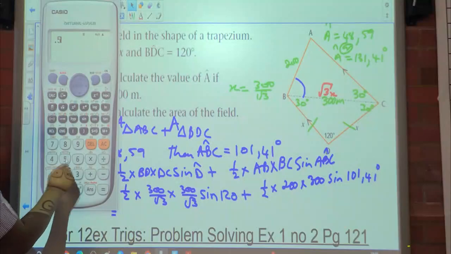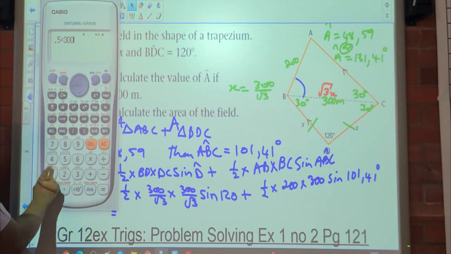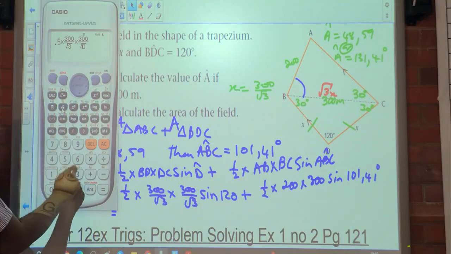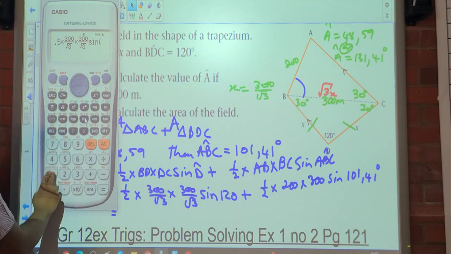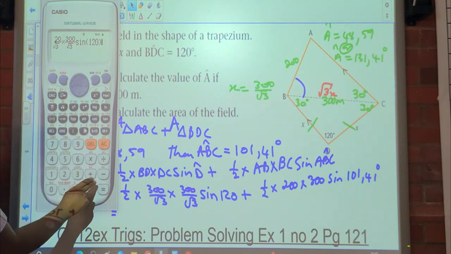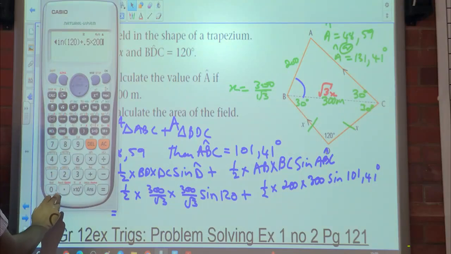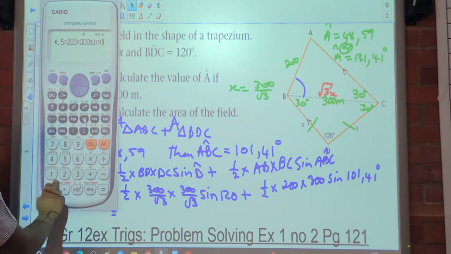So we have half times 300 over root 3 times the same thing, sine of 120, close the bracket, plus half times 200 times 300 sine of 101.41.